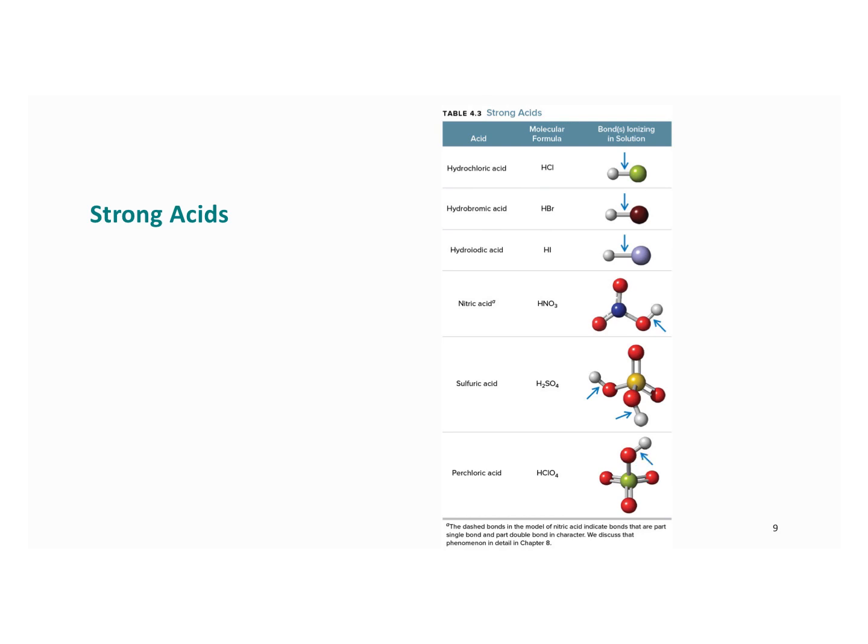These arrows are pointing to the hydrogens that are donated. A lot of times they're called the acidic hydrogens. The one that's missing from this table is chloric acid, which is HClO3.